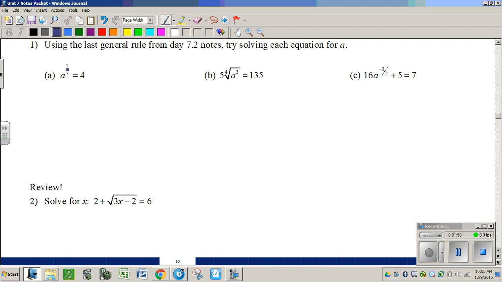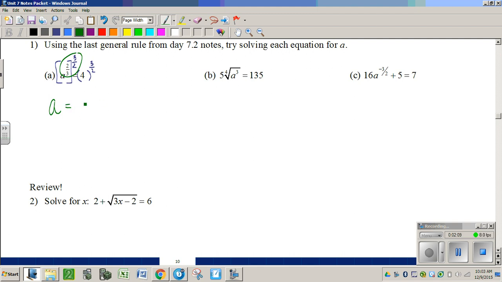So if this is being raised to the 2/3 power, my reciprocal is going to be 3/2. So I'm going to raise both sides here to the 3/2 power. Now I know that when I raise 2/3 to the 3/2, I get 1. So now I've got a to the first. Do I really need to write that 1 up there in the exponent's place?